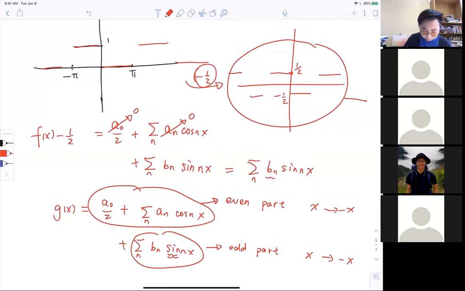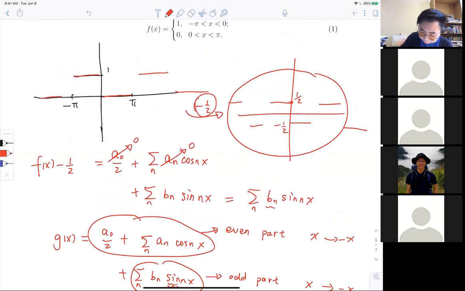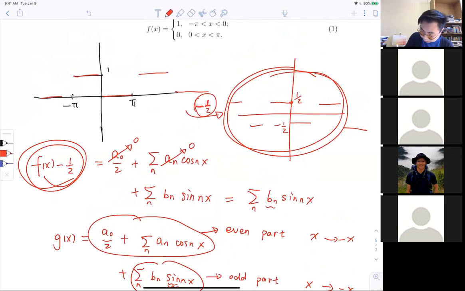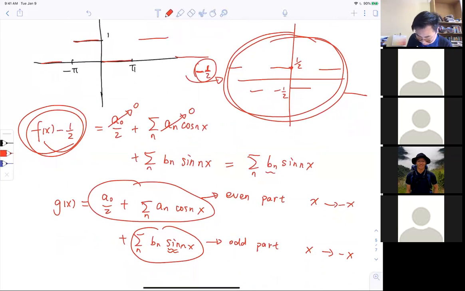So now by shifting by minus 1/2, this function is an odd function, meaning that the even part is 0.